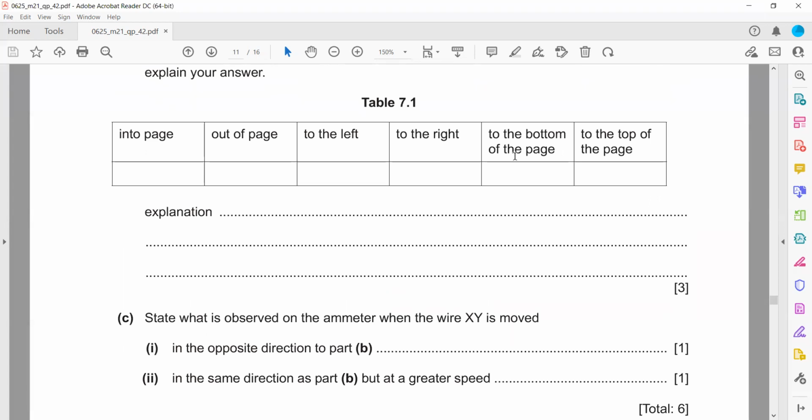State what is observed on the ammeter when X is moved in the opposite direction. So if X is moved in the opposite direction, if it was initially moving up, now we are moving it down. So what will happen? The deflection of the ammeter reading, the needle of the ammeter, will be in the opposite direction.